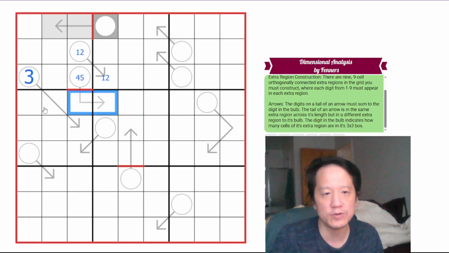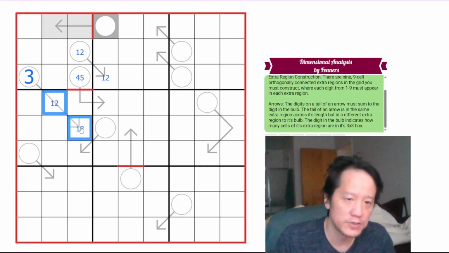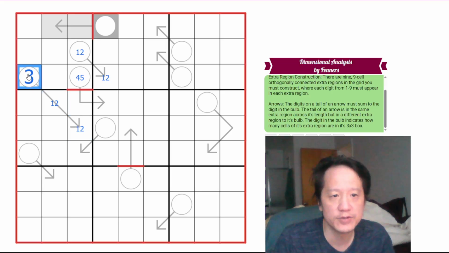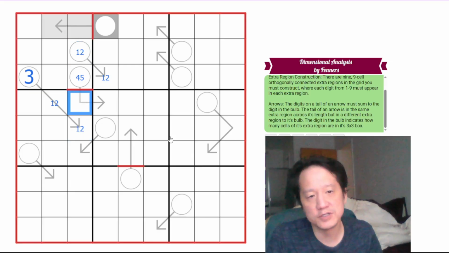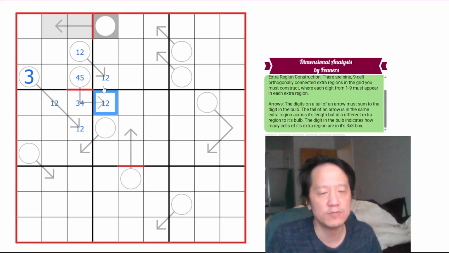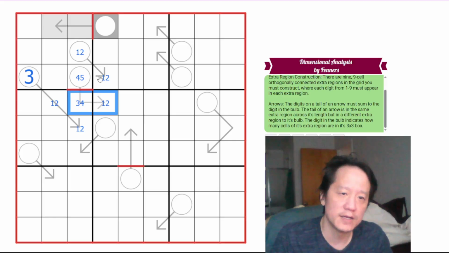And we know this must add up to 3, so this has to be a 1, 2 pair. Well, this 1, 2, 1, 2 pair eliminates 1 and 2 here. So this is at most 3. It could be 3 or 4. And this has to be 1 or 2 to add up to these digits.